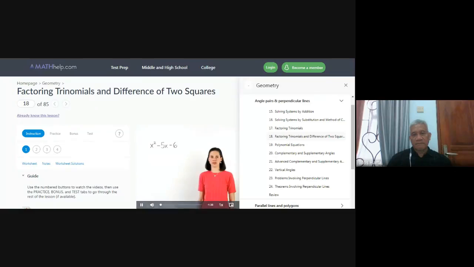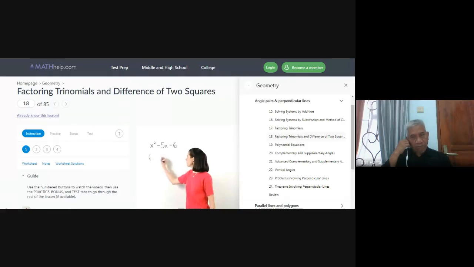Just like the trinomials in the previous section, this trinomial has an x squared term, an x term, and a constant term. So it can be factored as the product of 2 binomials. So starting with our 2 sets of parentheses, x squared factors as x times x.